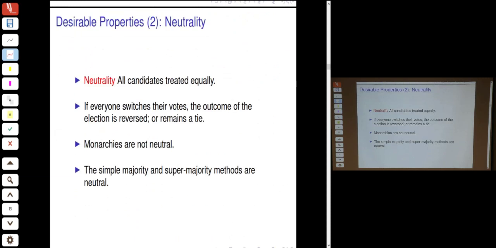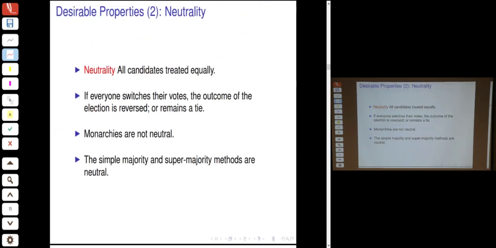Okay. So another desirable property of a voting method is neutrality. Neutrality means that all candidates should be treated equally. So if everyone switches their votes, the outcome of the election is reversed. And if it was a tie, then the result should remain a tie. So again, what is neutrality? We are working with social choice functions.